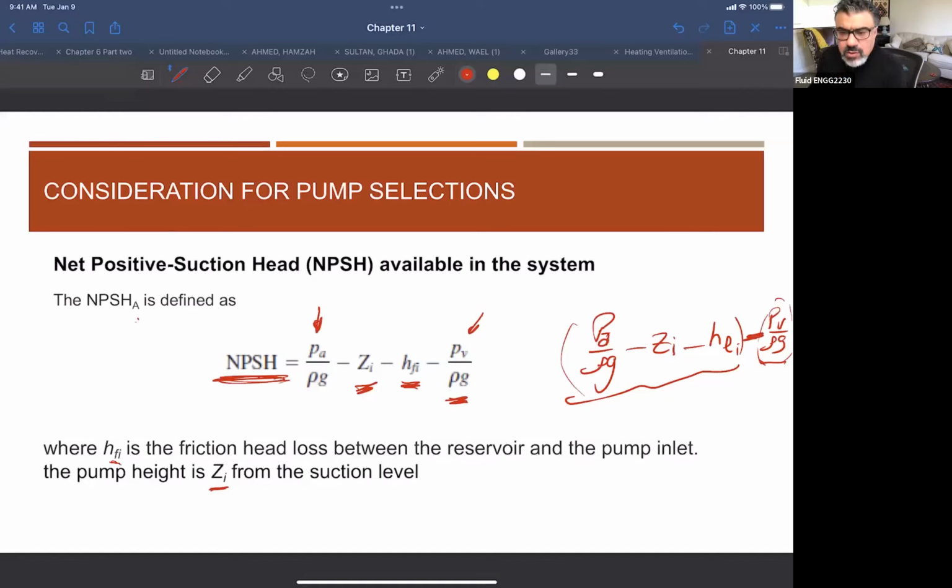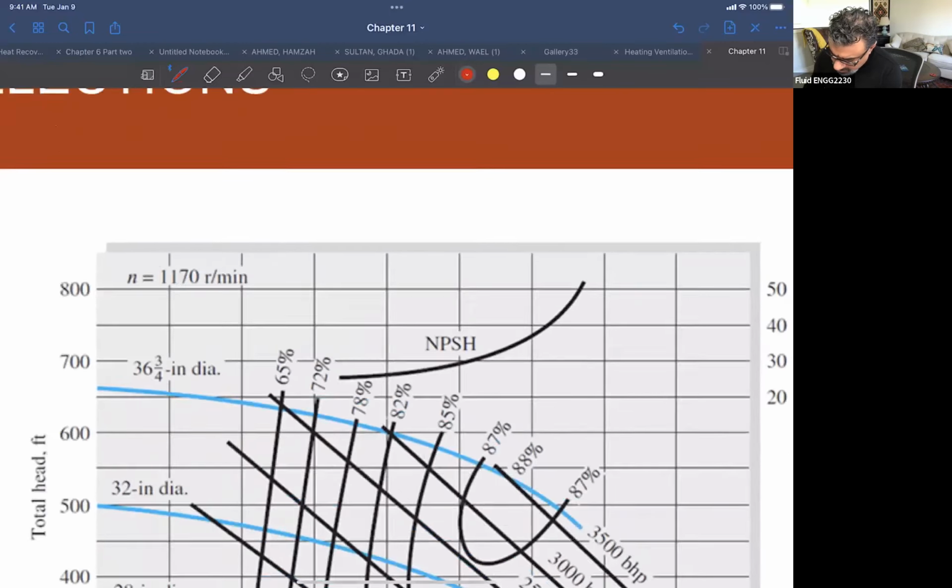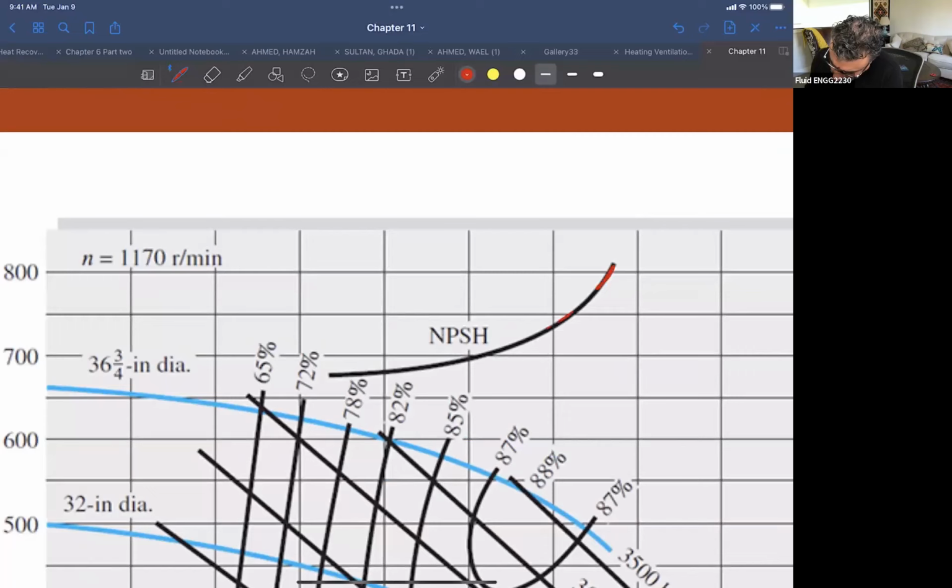Okay. Now the pump will provide you with what is required by the pump. That's why when you look at this curve or the chart of the pump, you will see net positive suction head. This net positive suction head here is a manufacturer value given for the pump.